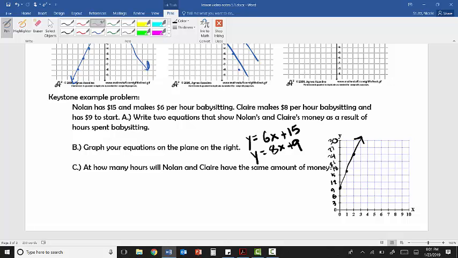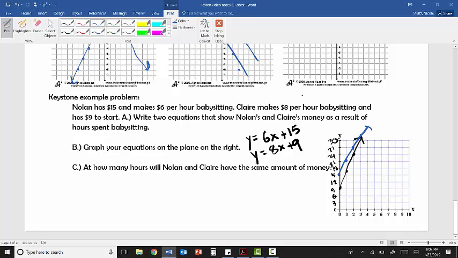Now we're going to do Nolan's. So we're going to start at 15, and we're going to go up 6, so that's 2 blocks and over 1, 2 blocks over 1, 2 blocks over 1, etc. And then we're just going to draw our line. The reason that I'm doing it this way is to show you guys it's not very clear where they crisscross.